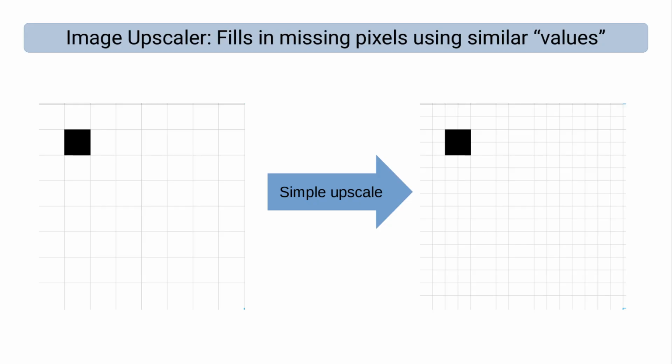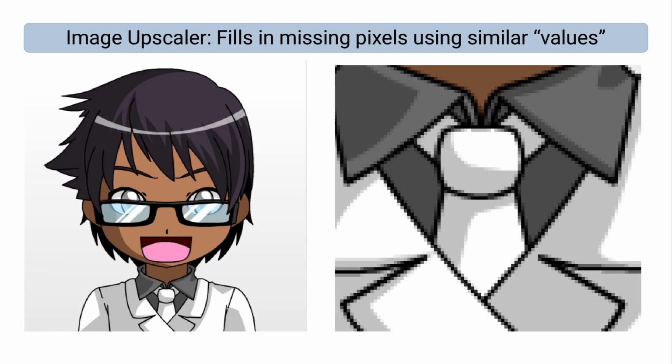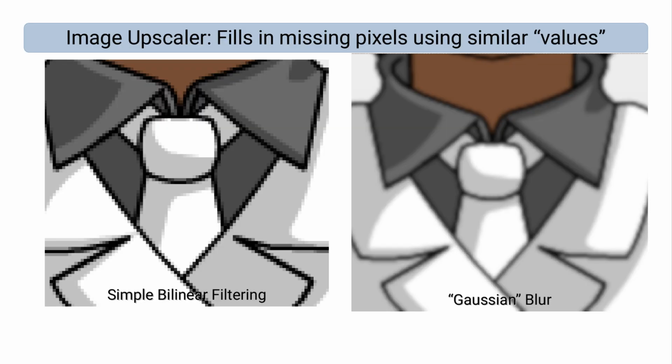A lot of times when you use these traditional methods, you don't really get any new information because you're just taking information from the old image and applying it to the new image. There are different types of filtering, like bilinear filtering, and other ways to make the image look a little bit better when you scale it higher.